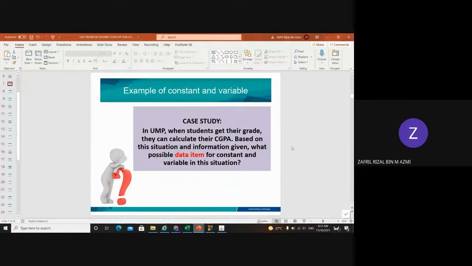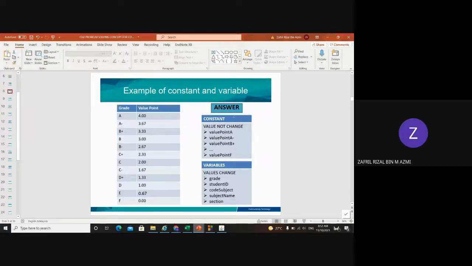Okay, let's look at this simple example. Let's say students get their grades and can calculate their CGPA. Based on this simple case study, what can be the variable and constant? We have grade, and each grade represents a value point.